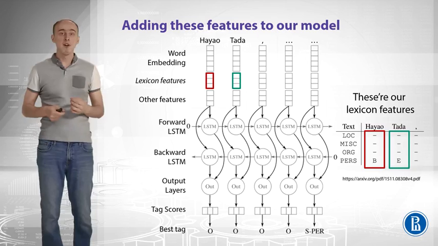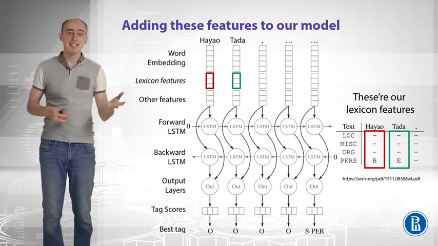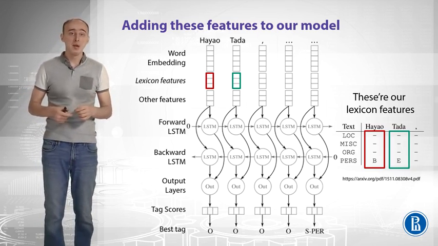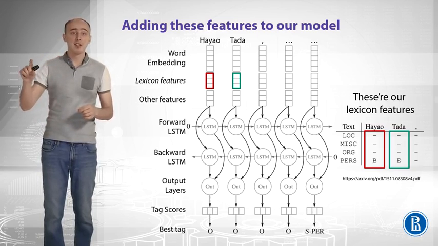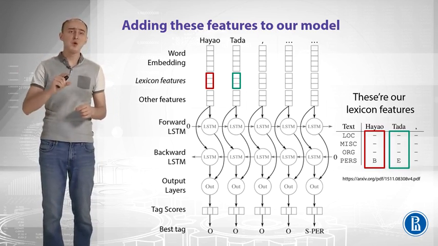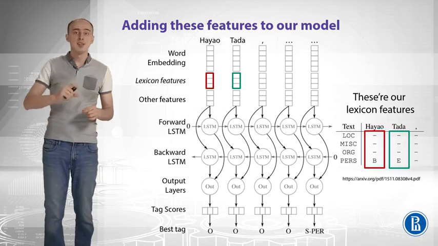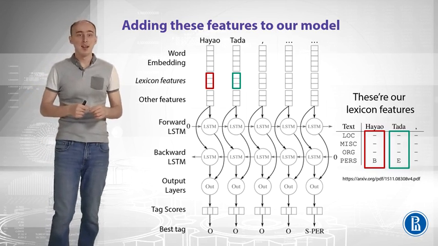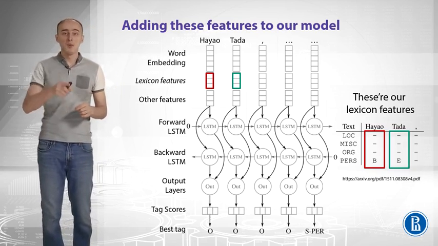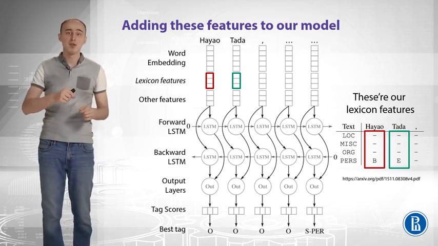Let's say we have an utterance, "we saw paintings of Picasso," and we have a word embedding for every token. To that word embedding, we can actually add some lexicon information. And we do it in the following way. Remember the table that we have on the previous slide?